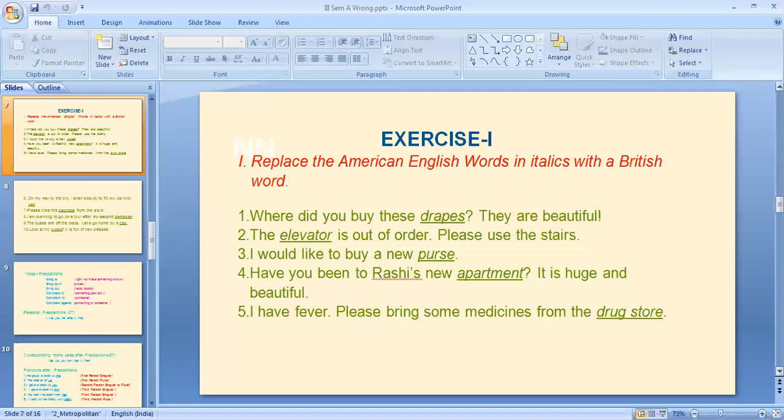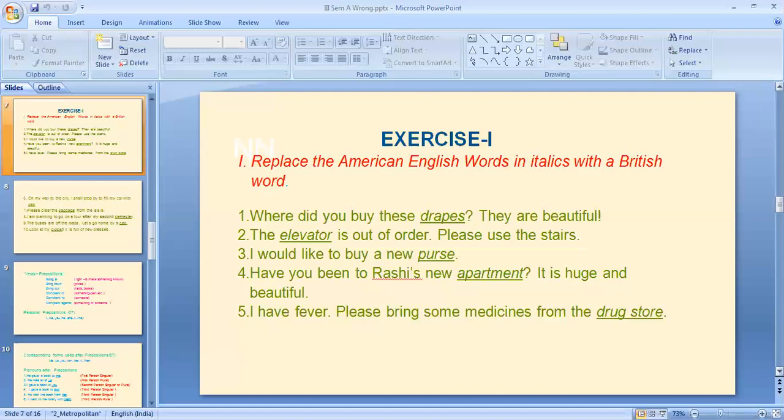What does drapes mean? Drapes are cloth material which is used to cover the windows and the doors. And the British people call that material curtains.